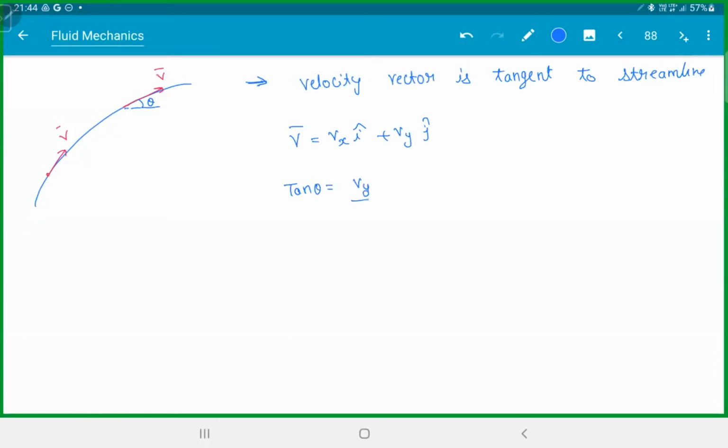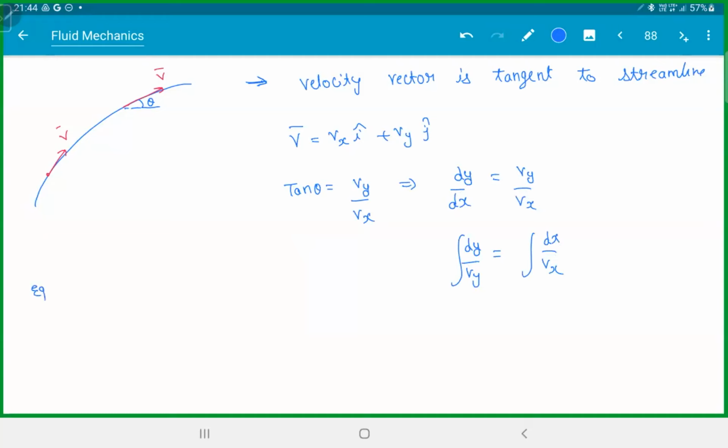the vertical component Vy by Vx. And we can also write tan theta is equal to dy by dx, that is the slope. So this turns out to be dy by Vy integral is equal to dx by Vx integral. This will give you the equation of the streamline.